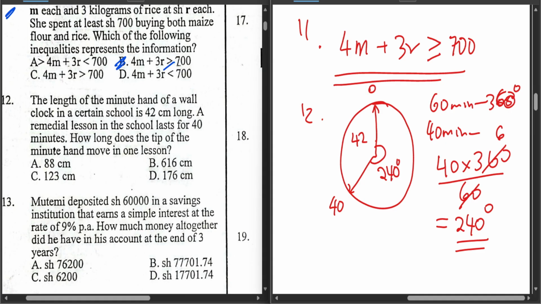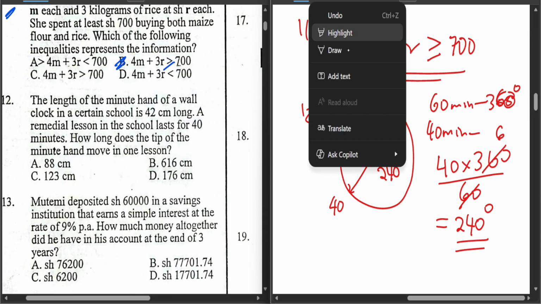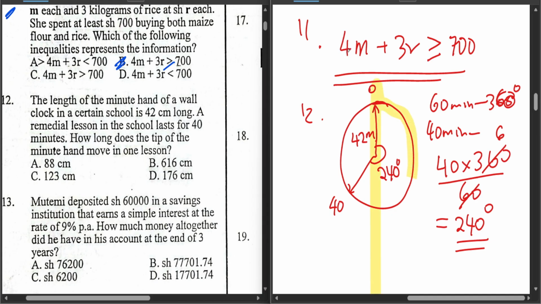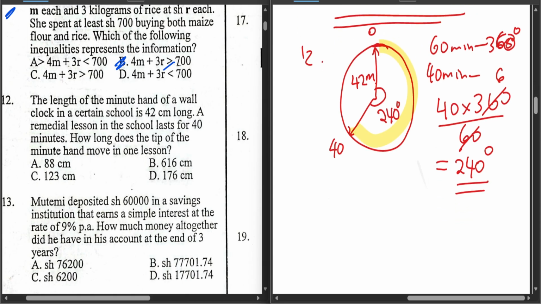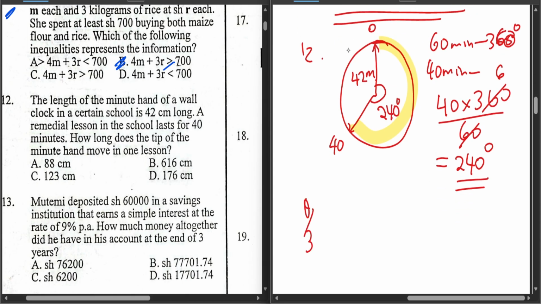So how long does the tip of the minute hand move in 1 lesson? Okay, so the angle is 240, and the radius is 42 centimeters. This one is asking you to find the length of an arc, which is given by theta over 360 times 2 pi r.